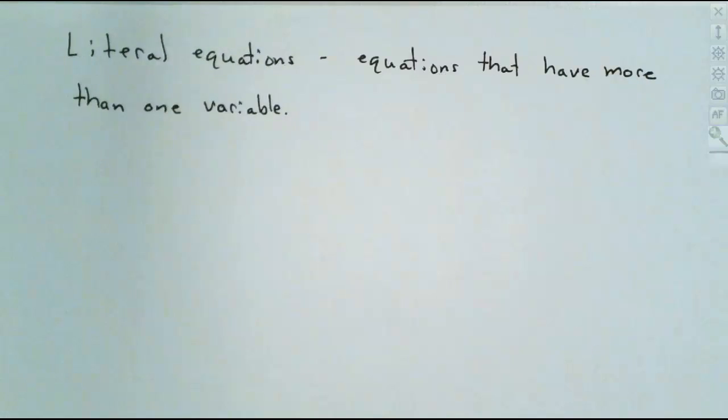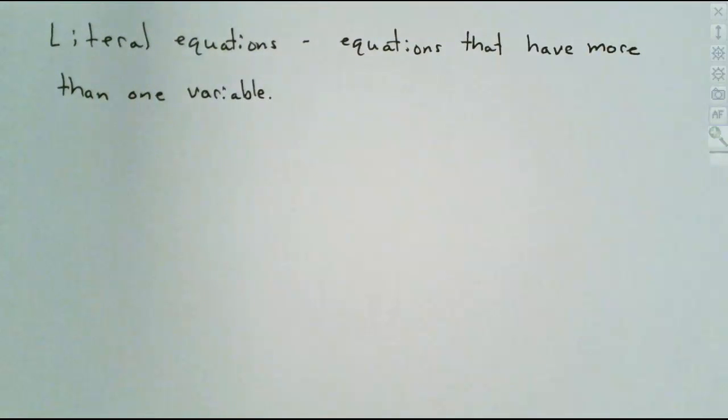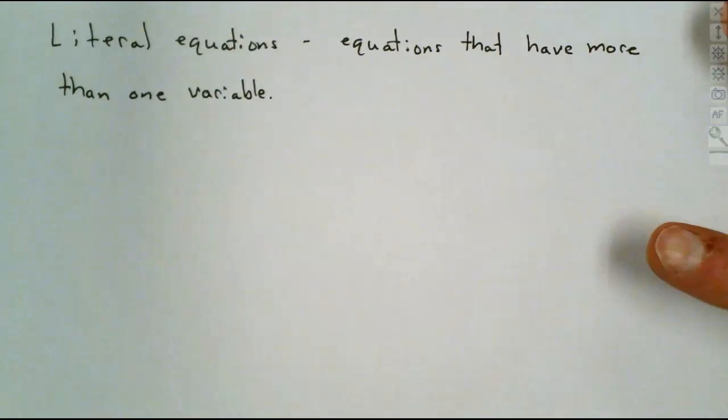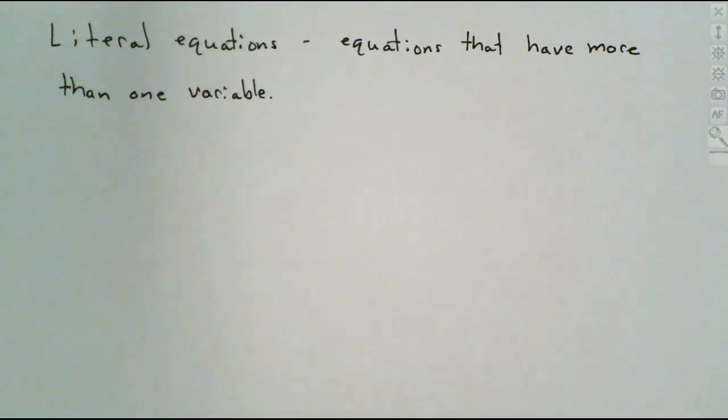So any equation that has more than one variable is going to be what's called a literal equation. And we'll do a couple of these. We'll take a break, and then we're going to come back and look at a couple more, and then move on to the next section.